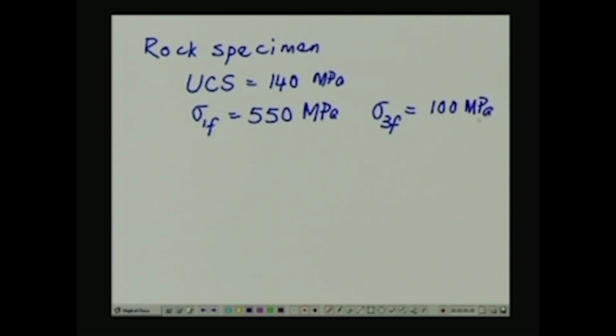Now our problem is to find phi and c for this particular rock specimen.